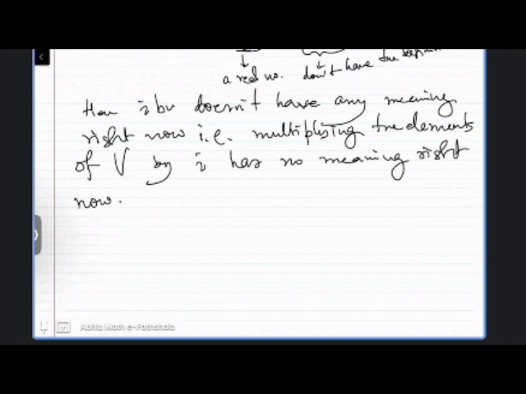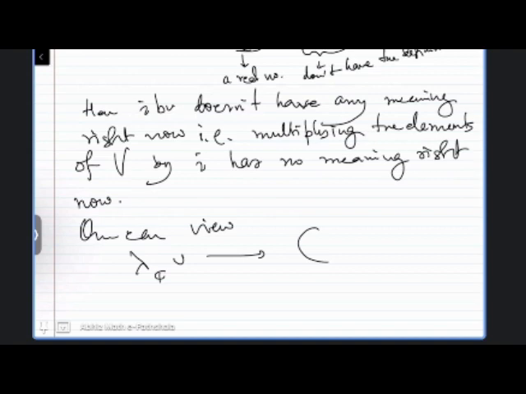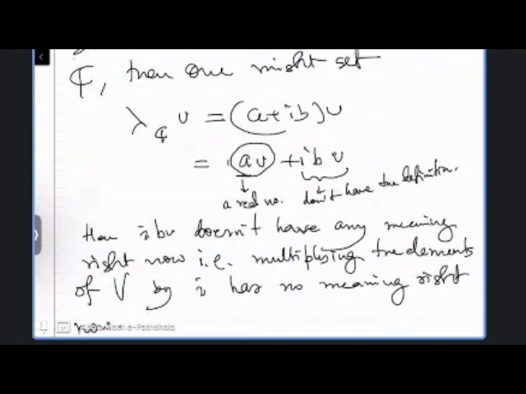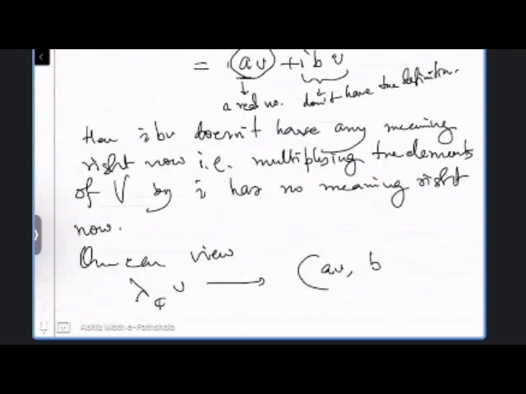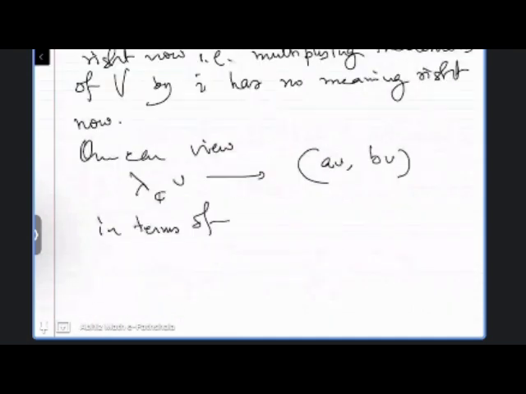So what you can do here is keep this i apart, and look at this case by means of an ordered pair. One can view lambda_C v as the ordered pair (av, bv).